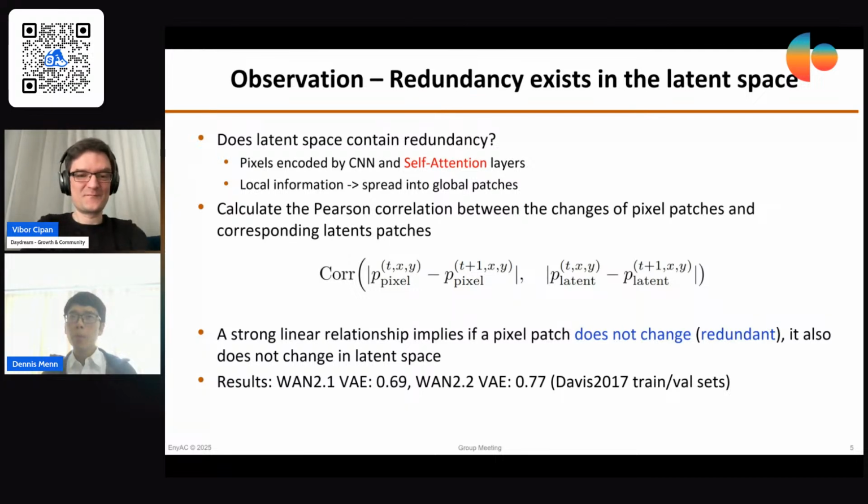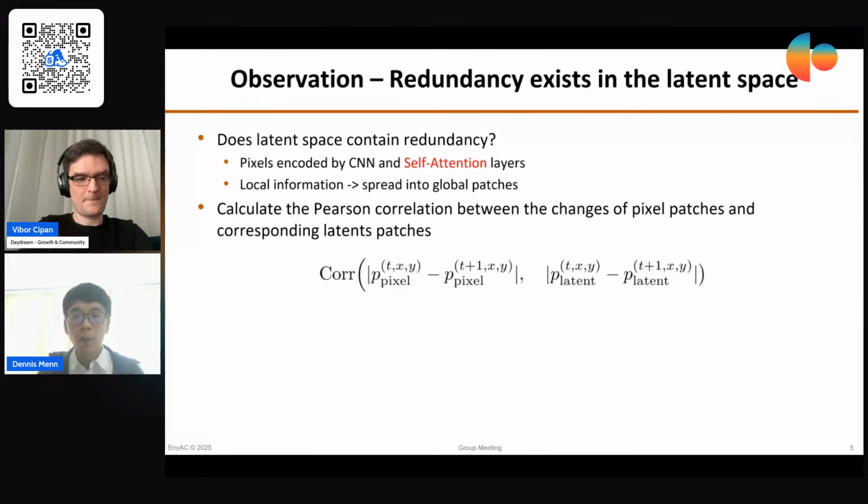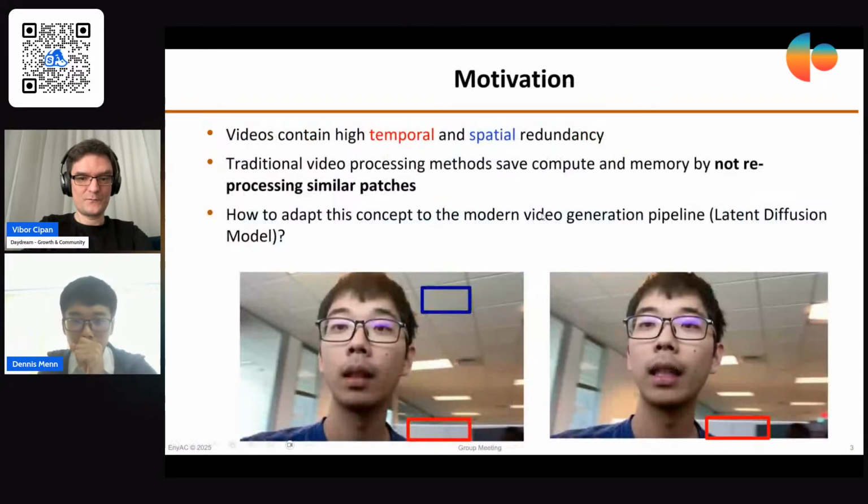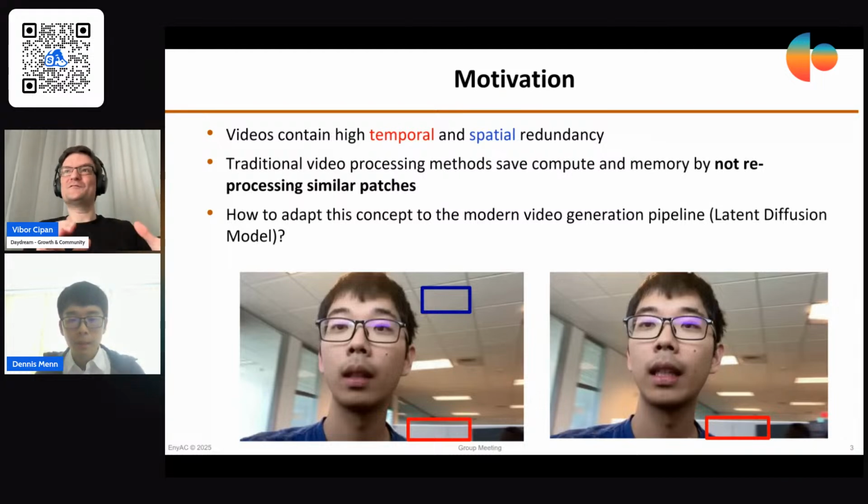But why we believe this is the first work is, first, we searched, and second, we have collaborators who are experts in this field, Chen Feng, Jeff Liang, advisors. And third, we came up with this idea soon after Self-Forcing was released. So at the time, we know the information we gathered is probably the newest.